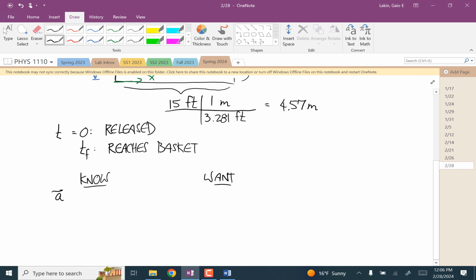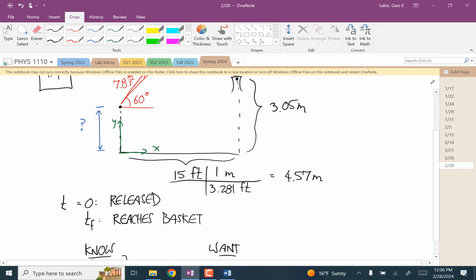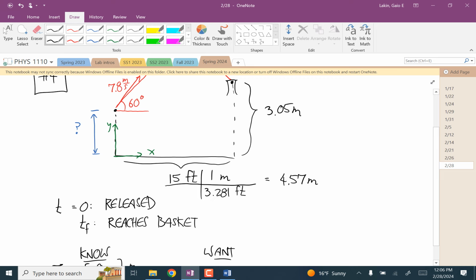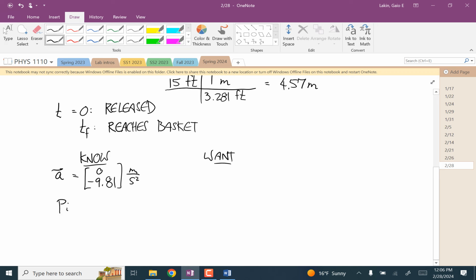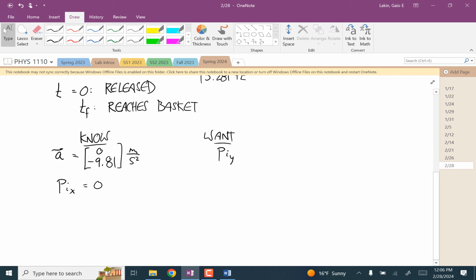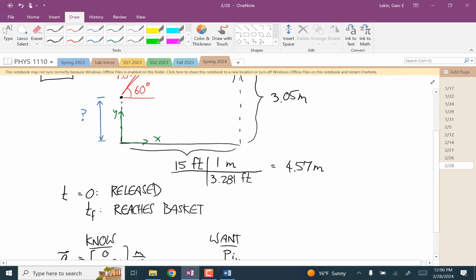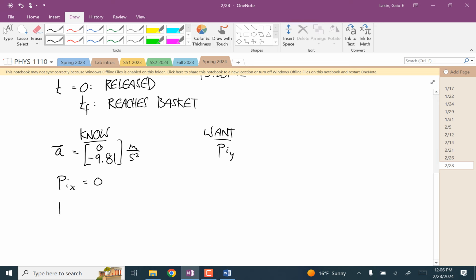We know the acceleration because it's free fall. The initial position, well, we know that x is equal to 0, but we don't know y. We're looking for y. So I'm going to write p I x is 0, and what we're looking for is p I y. And the final position, well, we know what that is: PF is 4.57 for X and 3.05 for Y.